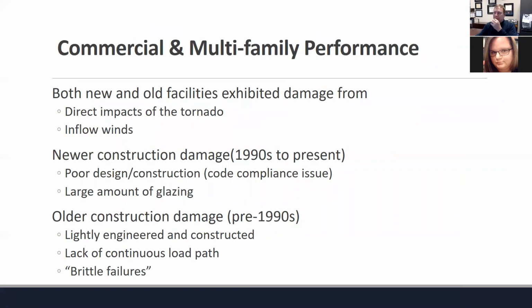I've got a few examples of newer construction, 1990s to present, and older construction. What we were really looking for there was stuff from the 60s, 70s, and 80s.